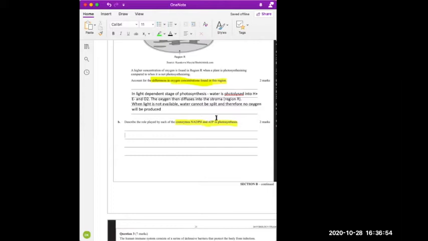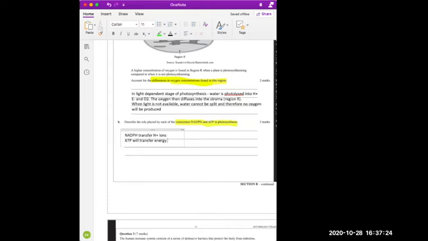So once they're charged, they go into the light independent stage, the Calvin cycle. NADPH will transfer hydrogen ions, and ATP will transfer energy. And that is all you need to say. You don't need to be more specific beyond that.